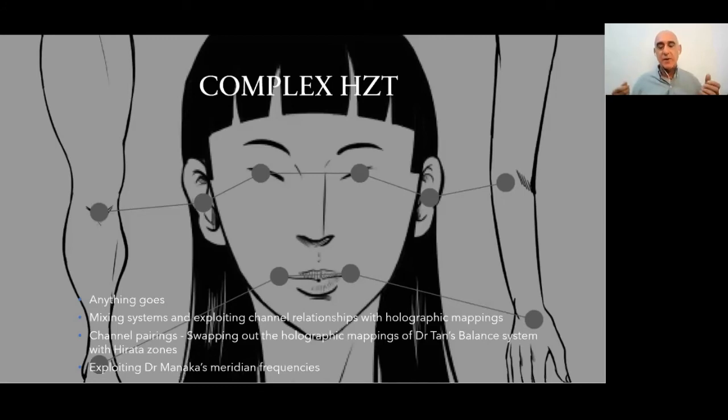You can take out a component on a computer and put in a different piece of hardware. If you take out the holographic models from Dr. Tan, and you swap in the holographic models from Hirata, then you've got a new system for treating, which uses channel pairings, just like Dr. Tan does, but has all kinds of new possibilities because of this horizontal modeling.